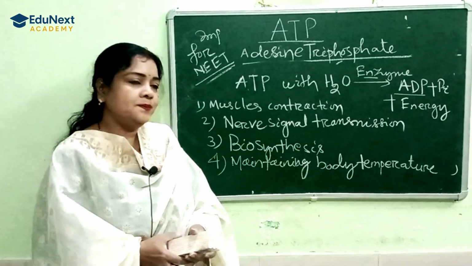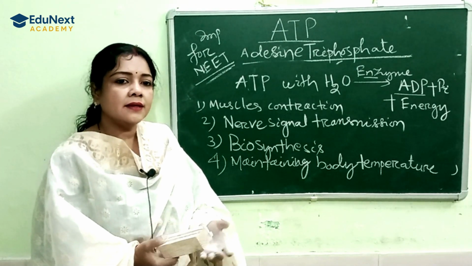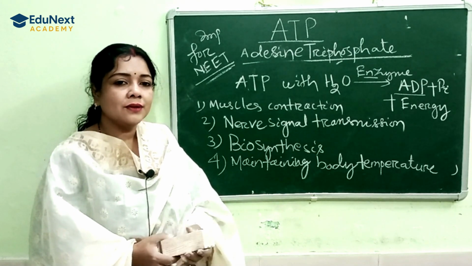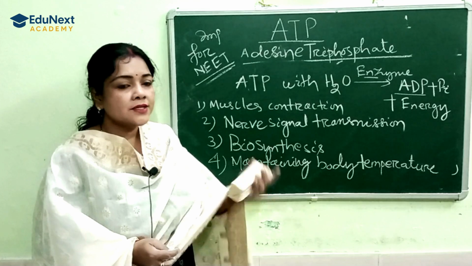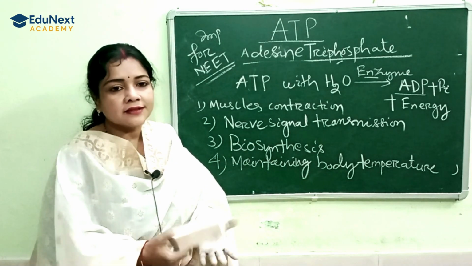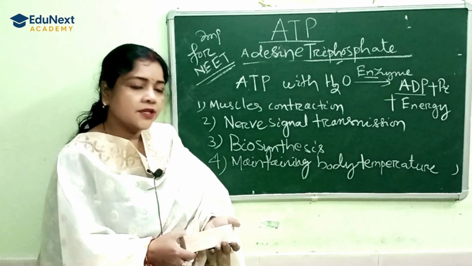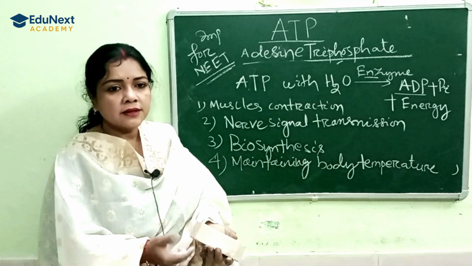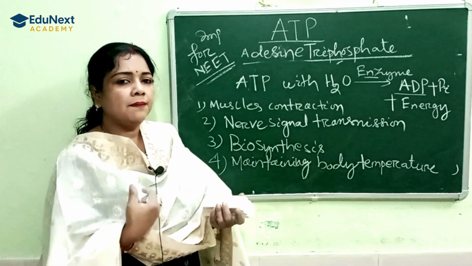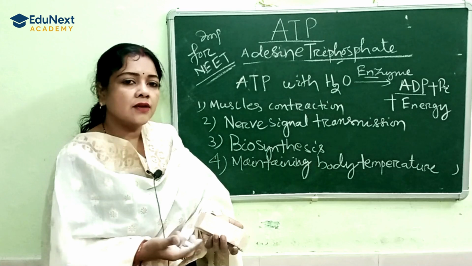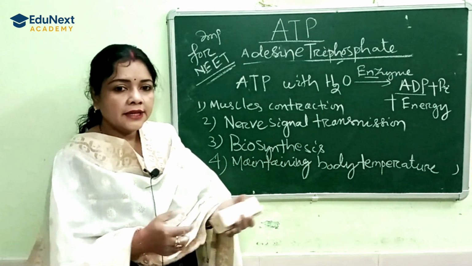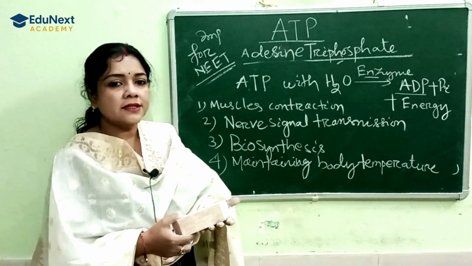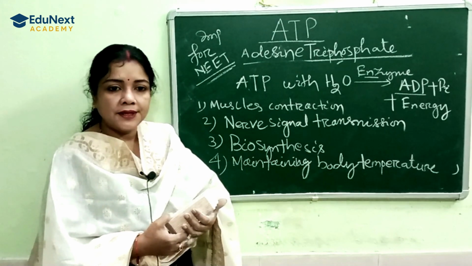Now see, a single ATP is required for different kinds of activity of our body, such as muscle contraction. Muscle contraction, including heart muscle contraction, every muscle contraction inside our body, requires energy, and that energy is utilized from this ATP.